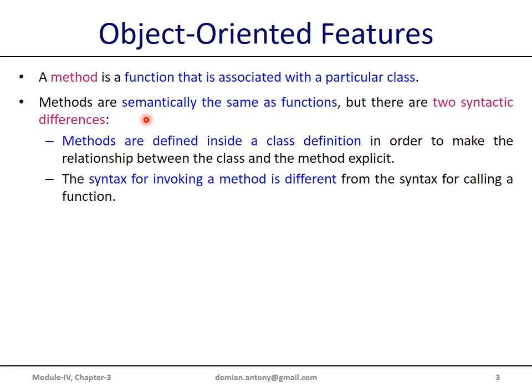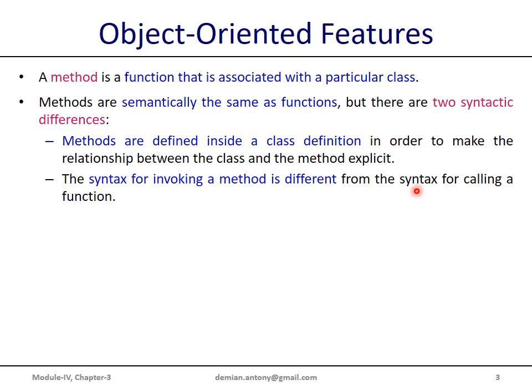Methods are semantically the same as functions, but there are two syntactic differences. One is that methods are always defined inside a class definition in Python in order to establish the relationship between the class and the method. And second, the syntax to invoke a method, to reference a method, is different from a function.